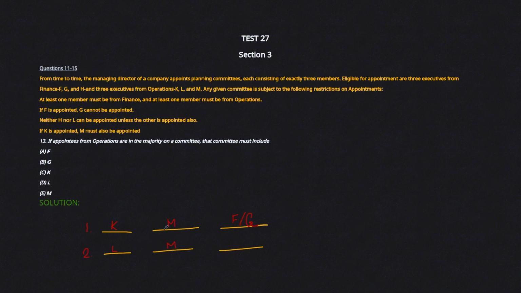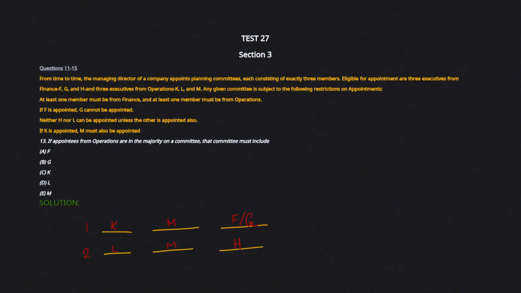So it's completely logical to have M alongside L. So we still have the majority in favor of operations with 2 out of the 3, L and M. And because we selected L, we need to have H because we need to fulfill this condition as well. So L, M, H. So these are the two scenarios that we're looking at right now.